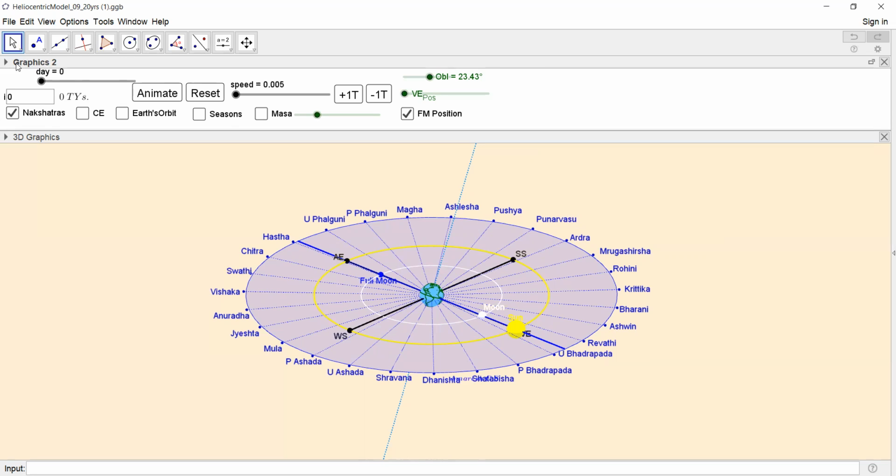And then while we are on that subject, I will also discuss how Adhika Tithi, Adhika Nakshatra, Kshaya Tithi, and Kshaya Nakshatra are determined.